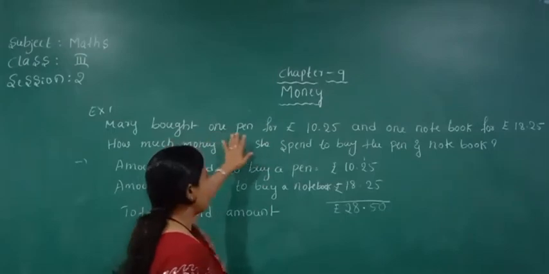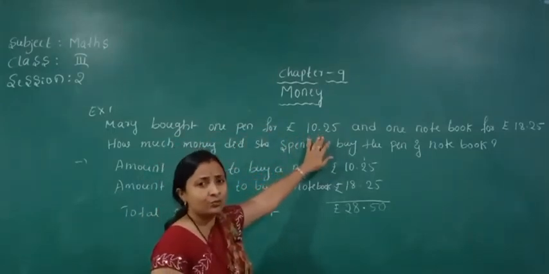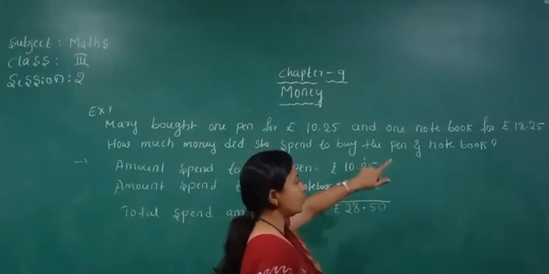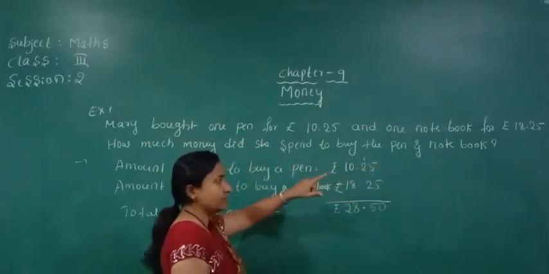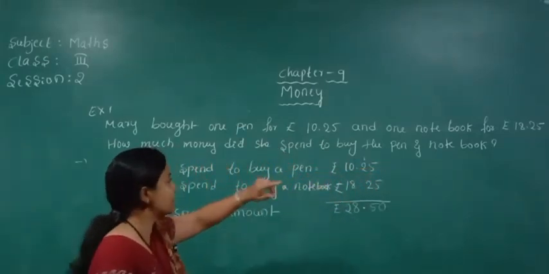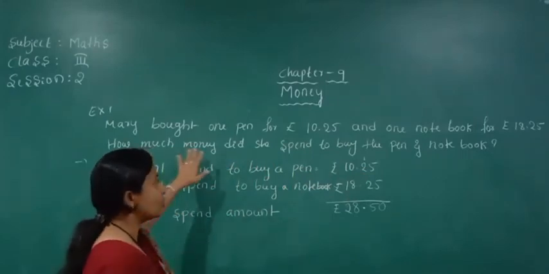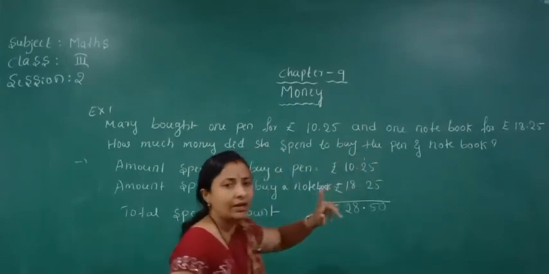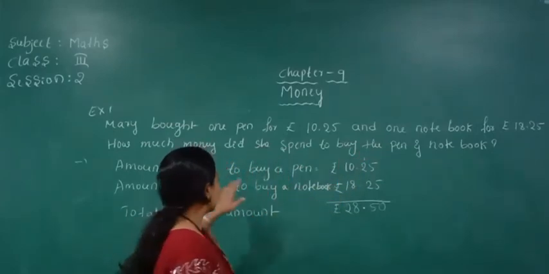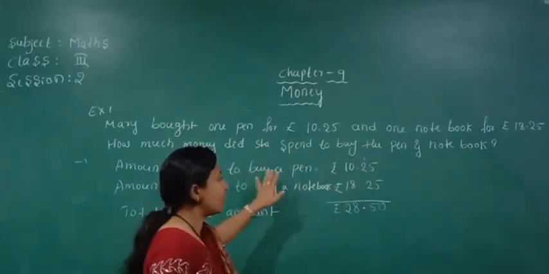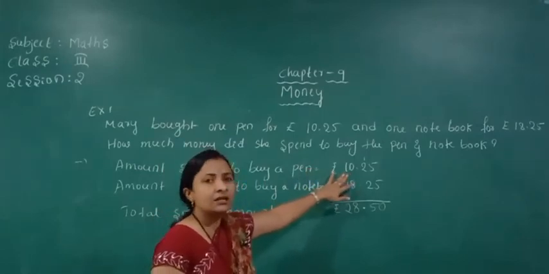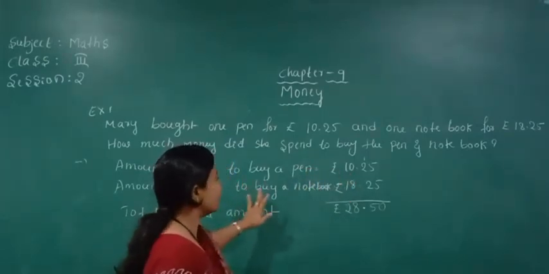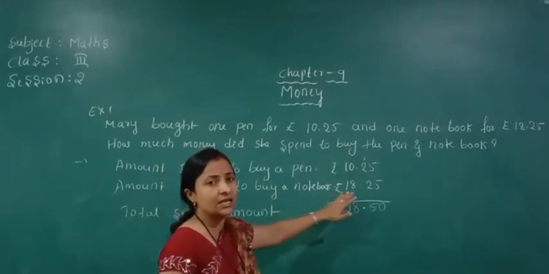So Mary bought one pen for how much rupees? 10 rupees 25 paise, and one notebook price is how much they have given here? So 18 rupees 25 paise. Okay, so total how much money she spent to buy one pen and one notebook. The amount to buy one pen is rupees 10.25, and the amount to buy one notebook is rupees 18.25.